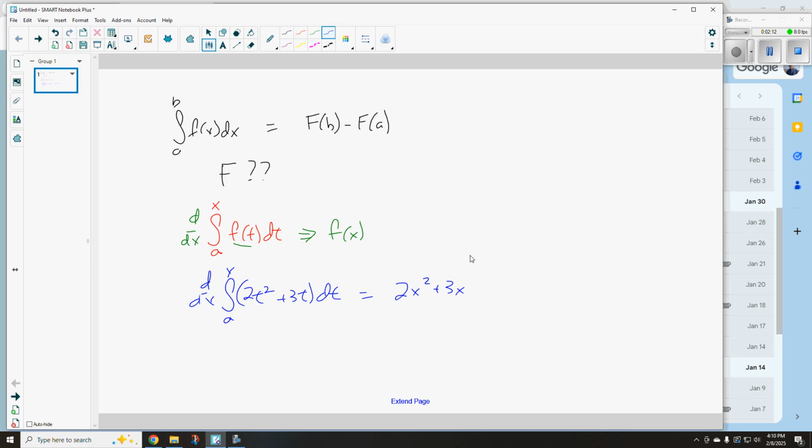So the derivative of the integral is the function. And again, that's easy enough to accept and certainly easy enough to apply for the most part, but it wasn't giving me the understanding that I wanted.